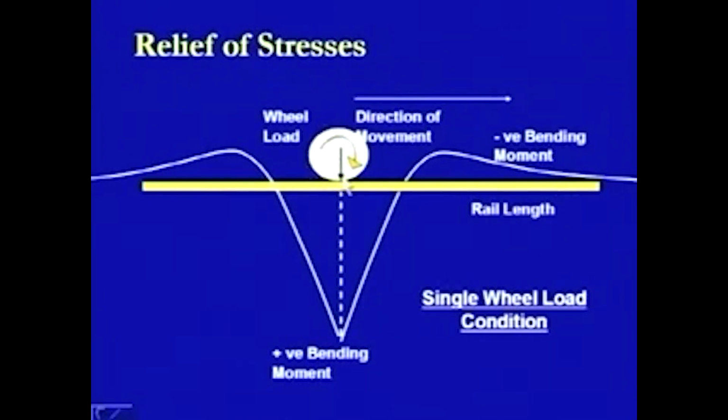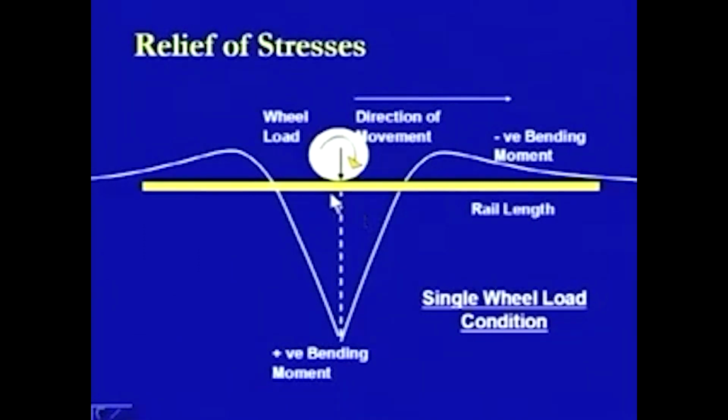Here what we see is a single wheel, which is rotating in this direction and moving towards the right hand side, as shown by this arrow. The load is being applied at this point. So, this arrow is showing the load which is being applied at this point, and there will be a rail seat at this level.